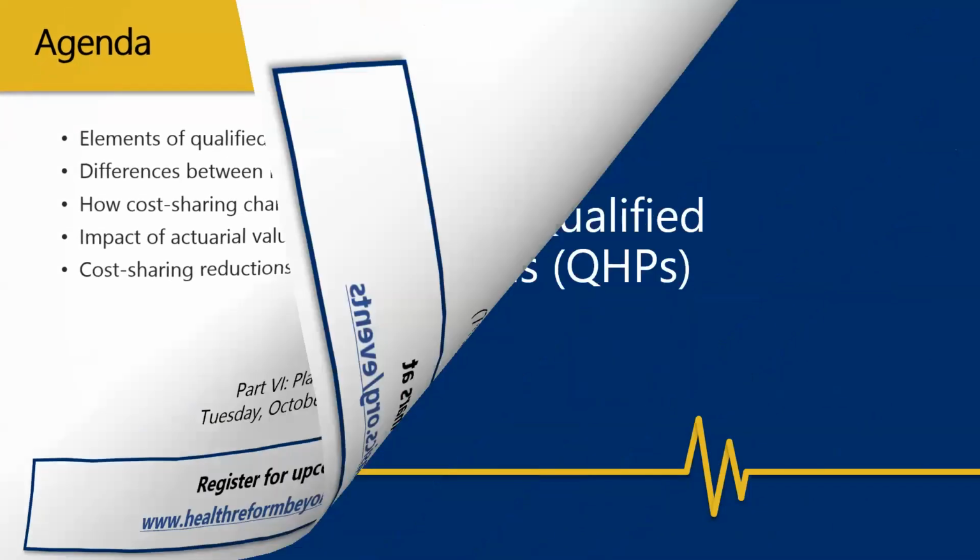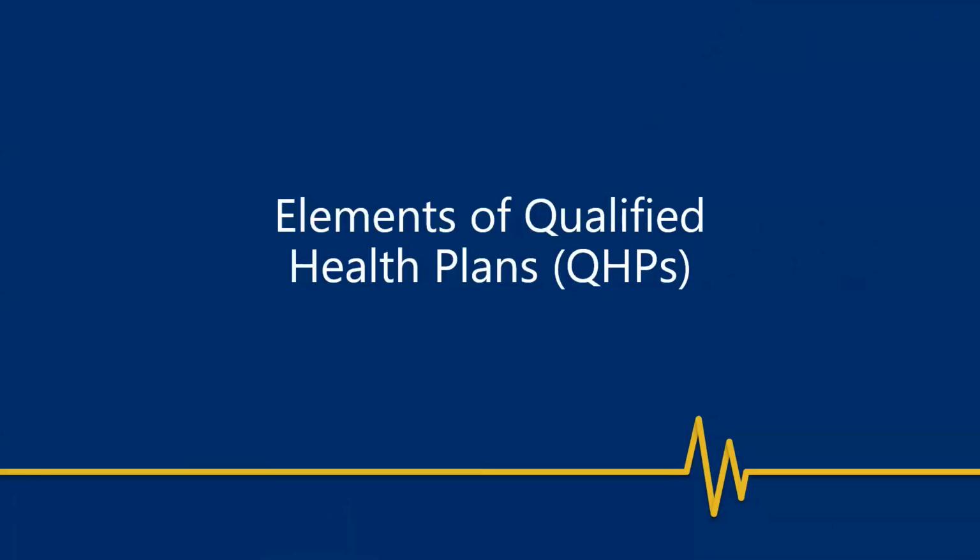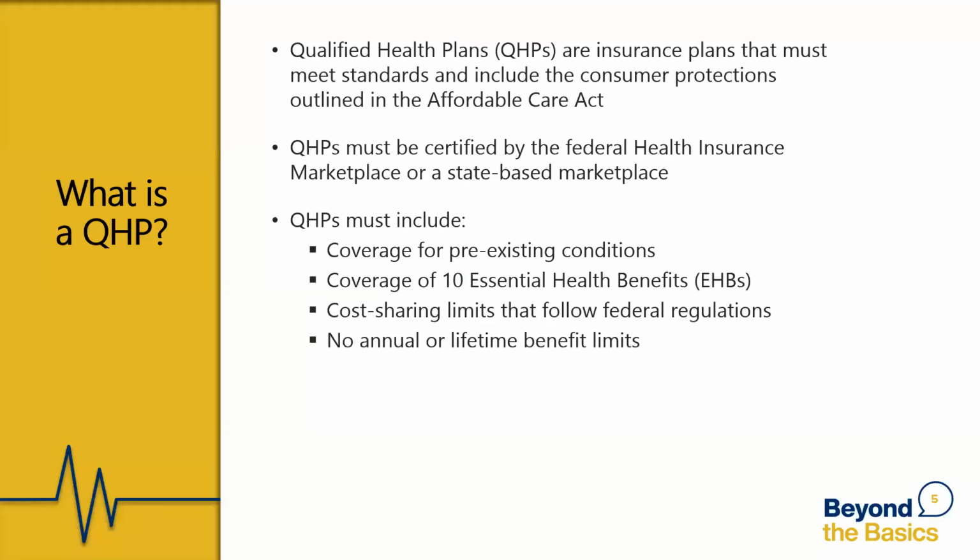So let's start with the basics by going over the elements of qualified health plans, also known as QHPs. First, what is a QHP, right? Well, a qualified health plan, or QHP, is an insurance plan that meets the standards and includes the consumer protections outlined in the Affordable Care Act. QHPs must be certified by the Federal Health Insurance Marketplace or a state-based marketplace.